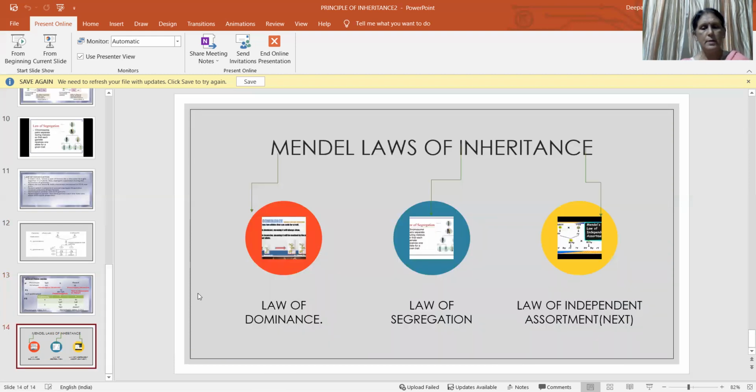So in this class, we have discussed Mendel's laws of inheritance: the law of dominance and the law of segregation. In both these laws, a monohybrid cross is considered. That means one pair of contrasting characters is cross hybridized. Up to the F1 generation, the monohybrid ratio is applicable.